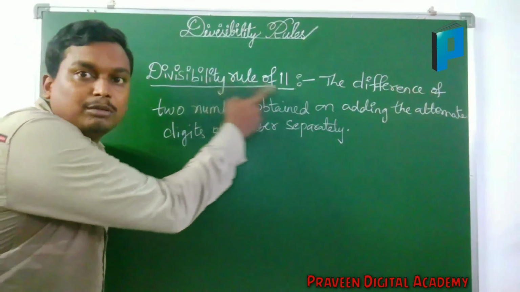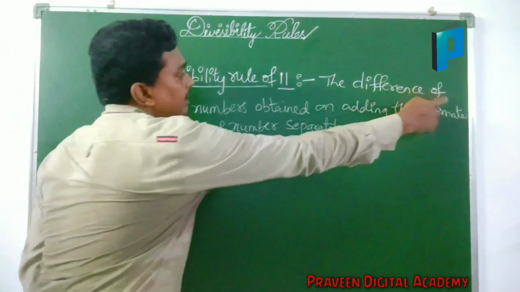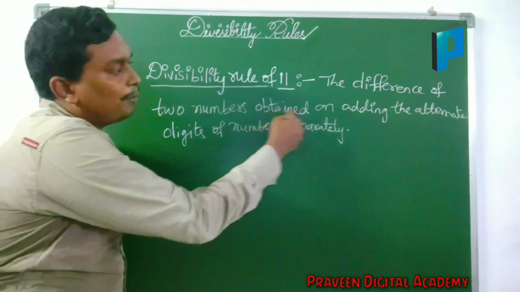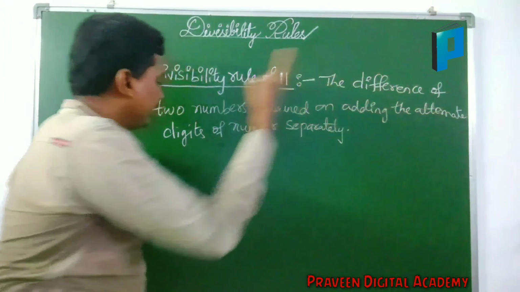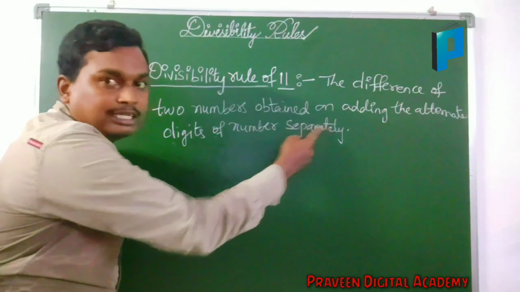Here, what does the divisibility rule of 11 mean? The difference of two numbers obtained on adding the alternate digits of the number separately.